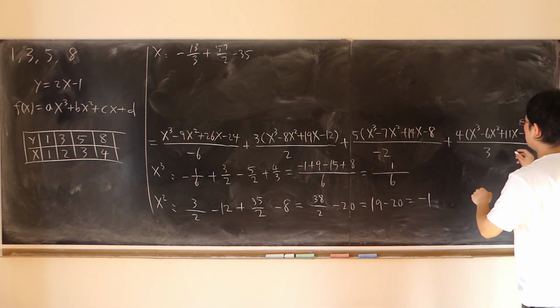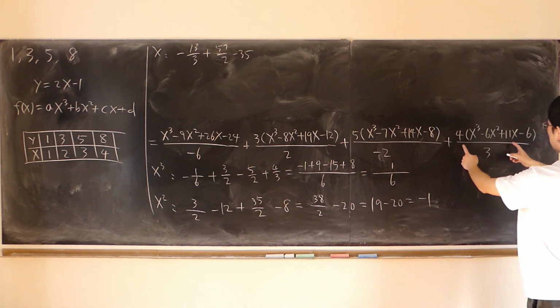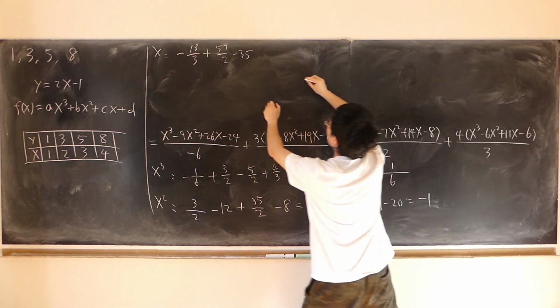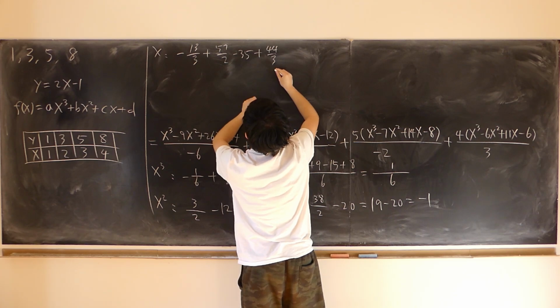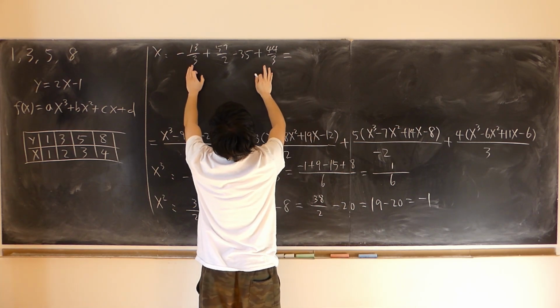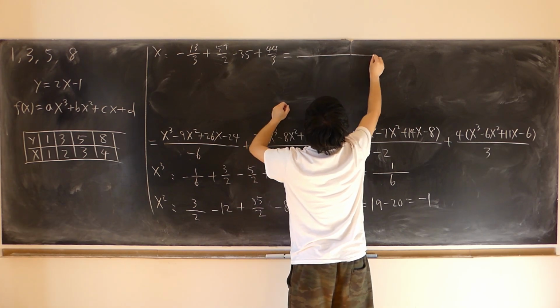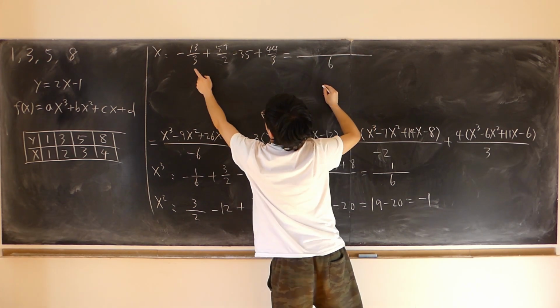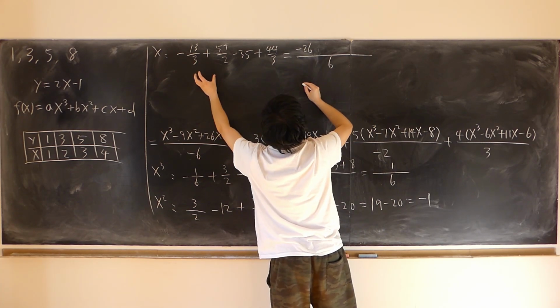From this term, for this term it is 44 over 3. Combined together, not simplified. Common denominator is 6. Perhaps let's just use that. So negative 26. Maybe I shouldn't have simplified that step, but anyway.